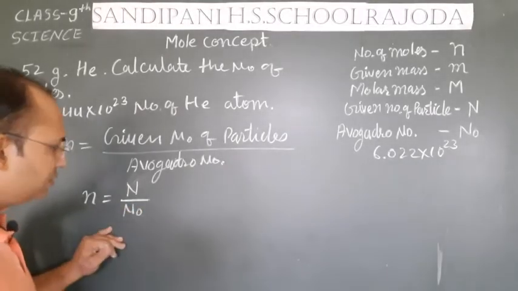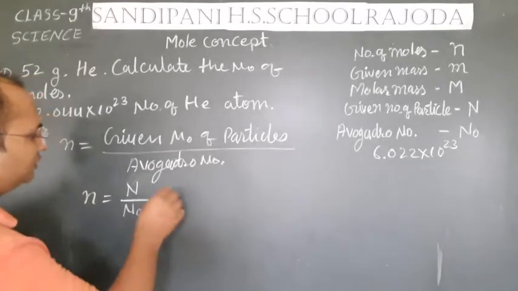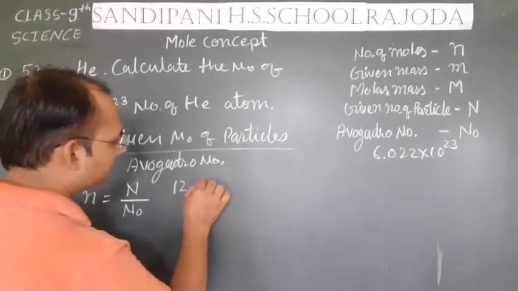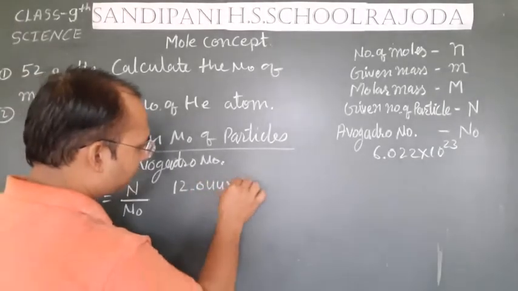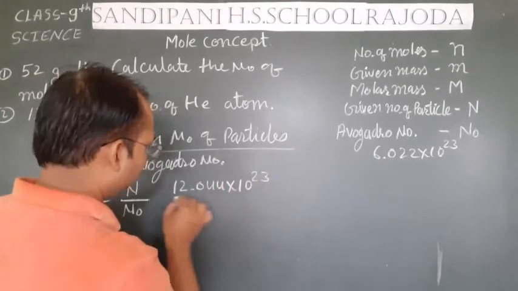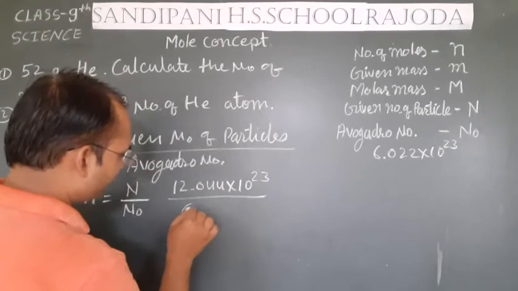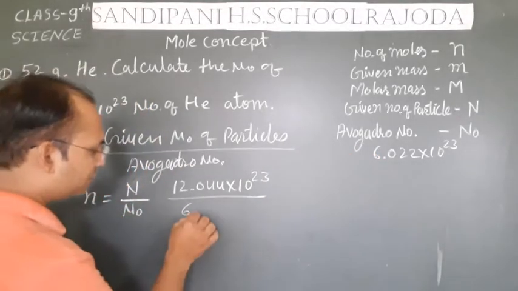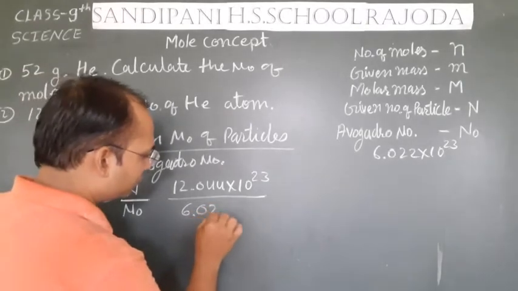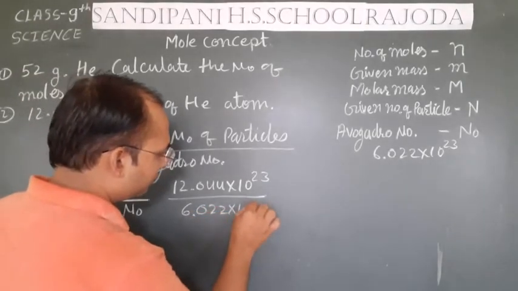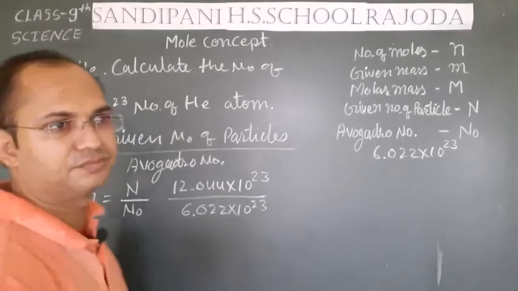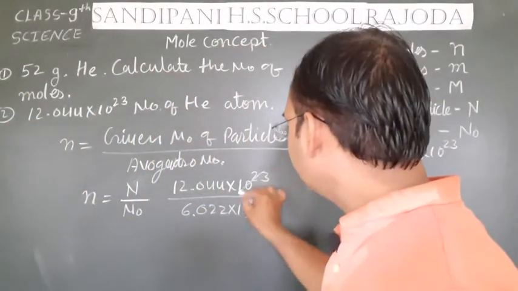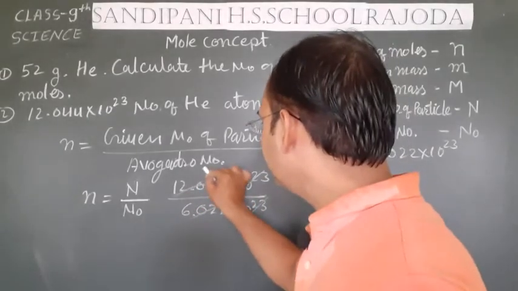In this case, if you put the value, it will be given number 12.044 into 10 to the power 23 upon N0, Avogadro number, whose value is 6.022 into 10 to the power 23. Now if we divide this, it will cancel out and it will be 2.